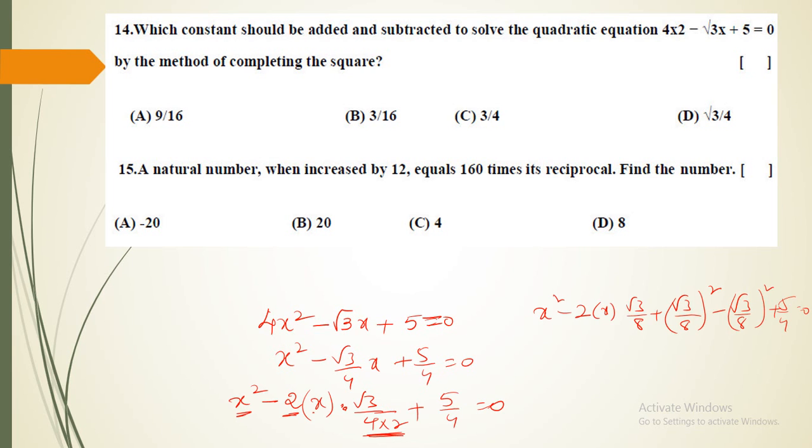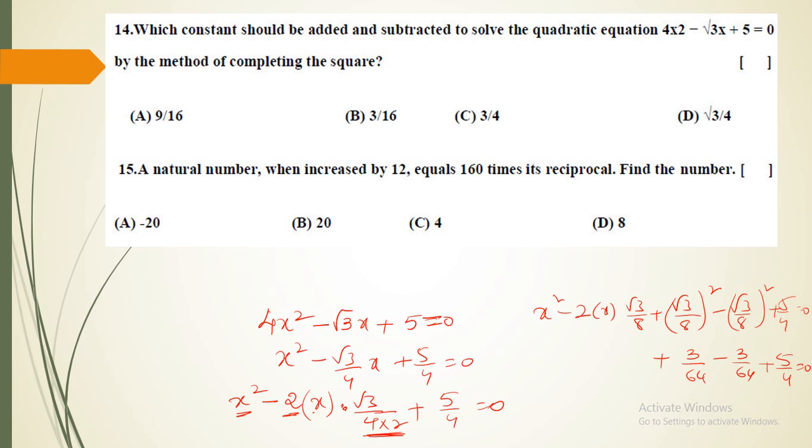Now from this, what can I say? It becomes 3 by 64 minus 3 by 64 plus 5 by 4 is equal to 0. So what have I added here? I have added 3 by 64 and minus 3 by 64, but in the options it is not given.